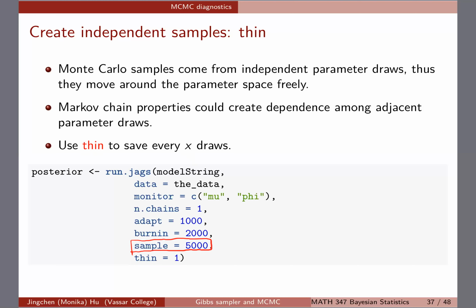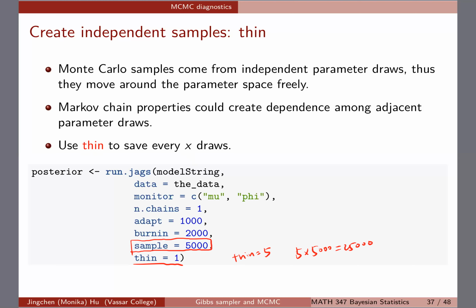So when we do thinning equal to 1, that means they're going to run for 5,000 iterations. If you do thin equal to 5, they're going to run 5 times 5,000 iterations, but only save every 5th draw.